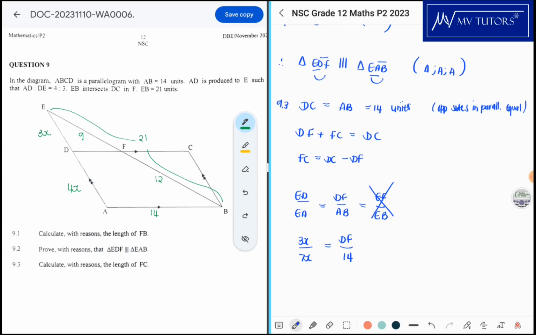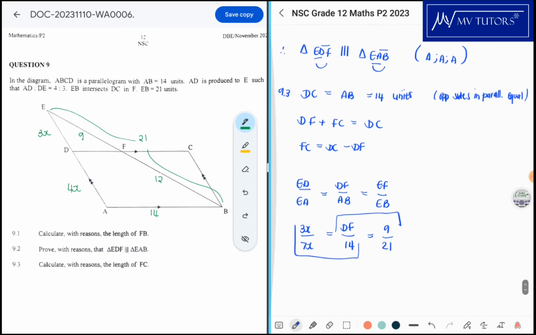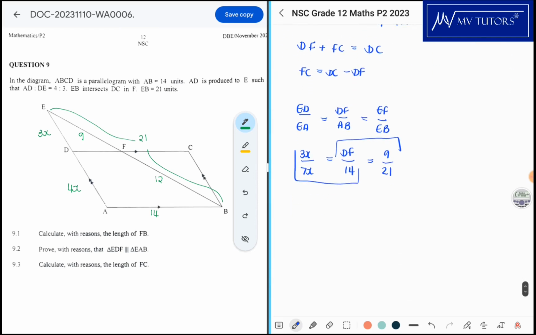So EF is 9, EB is 21. Because my unknown is DF, I can either use this or that to get DF. It's not a problem. Let's see, will it give us the same answer?